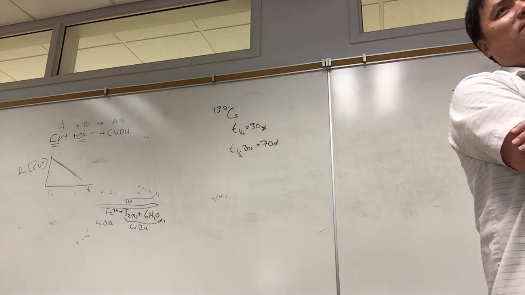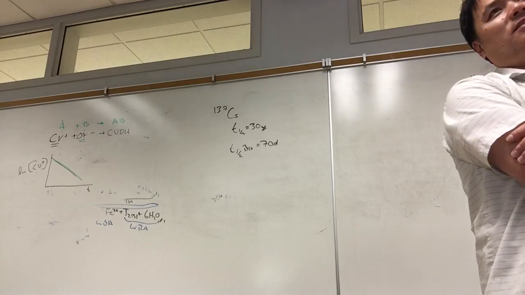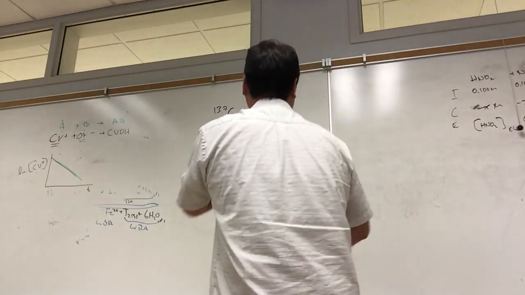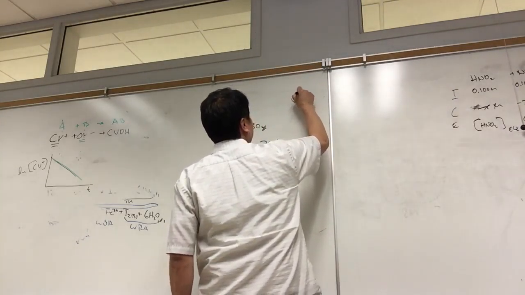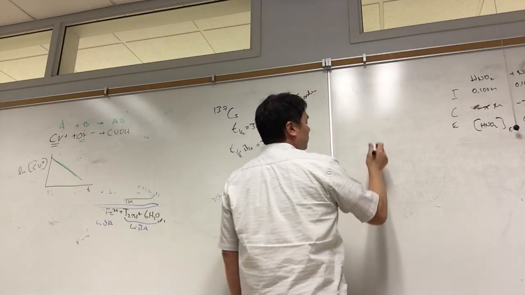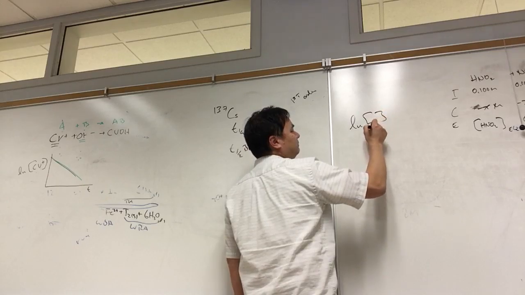And the answer was 199 days, but I don't know why. I guess I got it right. Well, radioactive decay is first order, so we look at the integrated rate law.